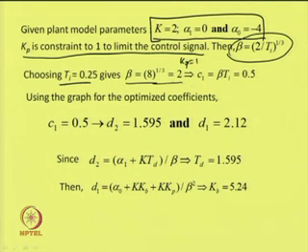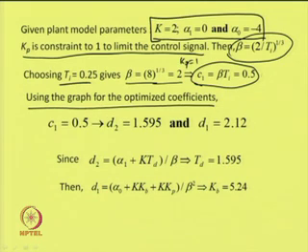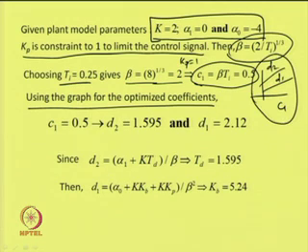Now, when beta equal to 2 and T_I equal to 0.25, C1 is equal to beta times T_I, which is equal to 0.5. Once we obtain C1, then using the graph for the optimized coefficients, we have the plots for C1 versus D2 and D1 as you have seen earlier. So, using the value of C1, it is possible to obtain the optimum values of D2 and D1 for optimum step response performance of a closed loop system.